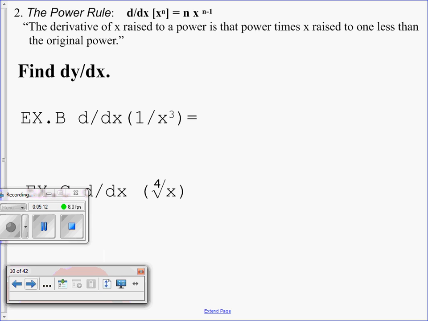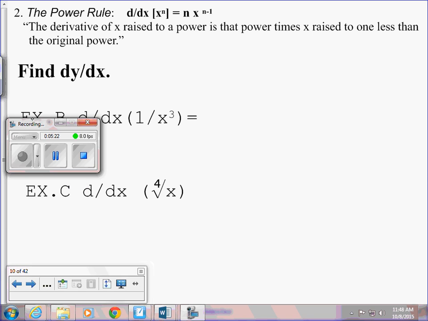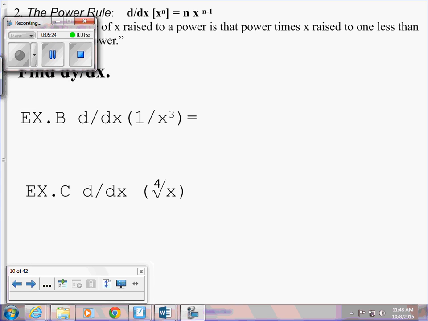Second rule we learned about was the power rule. To take the derivative of x to a power, you bring the power down, you write x, you subtract 1 from the exponent. Try these two. Before you can apply the power rule, you have to rewrite them as x to a power. So you got to be comfortable with those negative and fractional exponents.